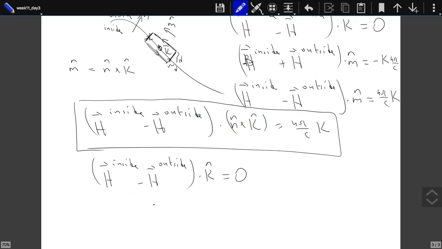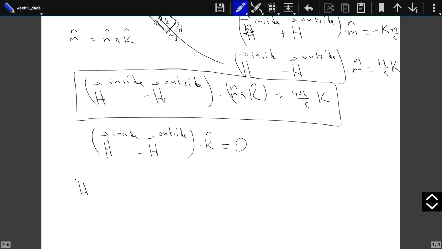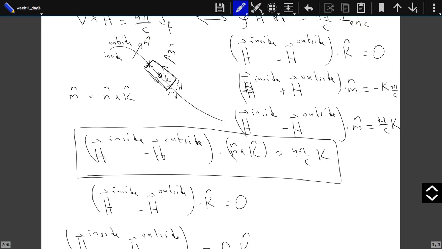Well, let us try to combine these two. What do we know? That H inside minus H outside, let's say the parallel component, the component parallel to the surface, basically would have two components, one in the direction of K, but the component in the direction of K is 0, and another component in the direction of N cross K. Because if you see our surface is two-dimensional, we have these two unit vectors, K and N cross K. So any vector parallel to the surface can be written as a linear superposition of these two components.